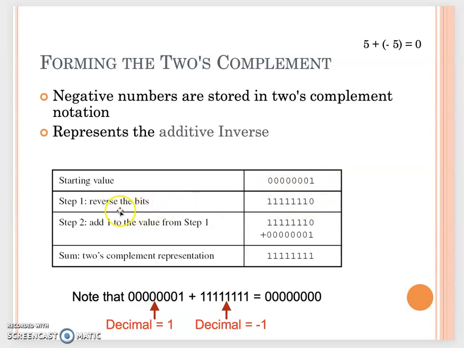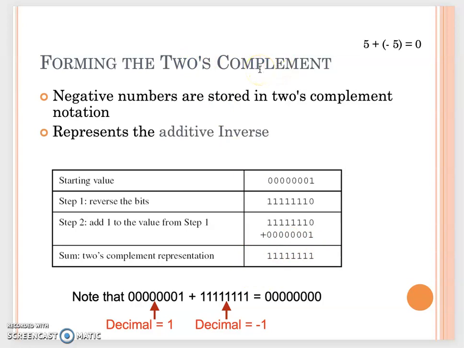When we say reverse, that means if you are 0, I reverse you to become 1. If you are 1, reverse becomes 0. After you are done, step 2 is plus 1. Then we get our two's complement number. That's how to find the two's complement.